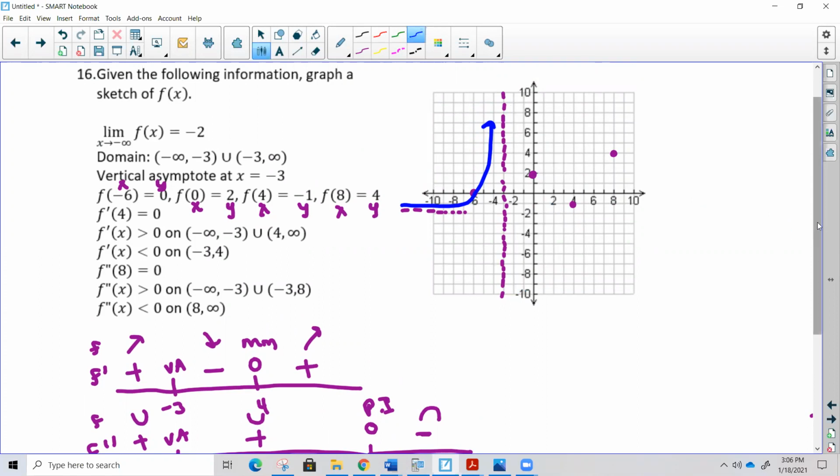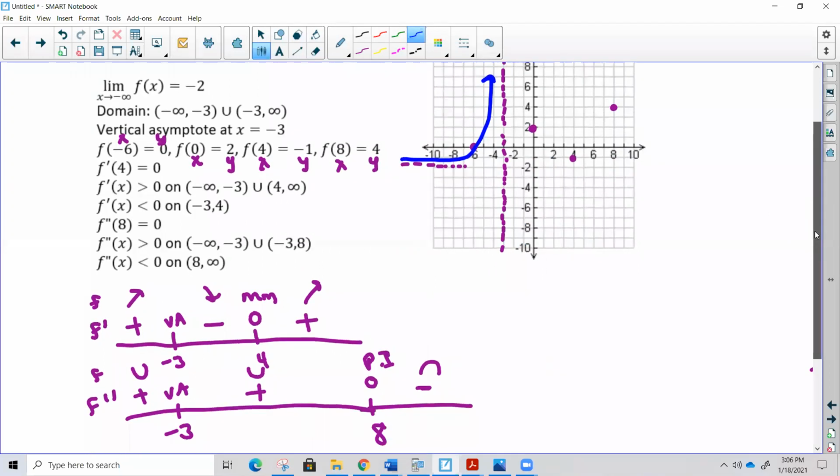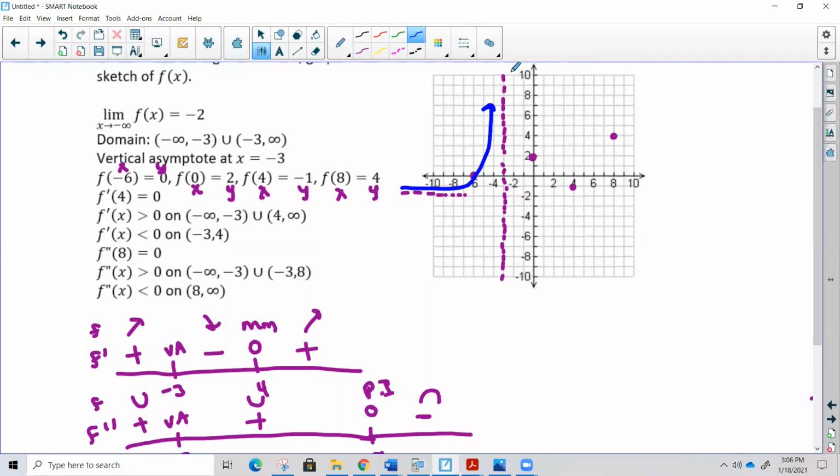But because it says that it's decreasing at this point, I'm going to start up and come down, and I have to go through the 2 points that I have, and I have to get to 4, and then at 4 that's a min, so I need to turn around and start going up, and I still want to be concave up until I get to 8, and then at 8 I want to start curving it down like this.